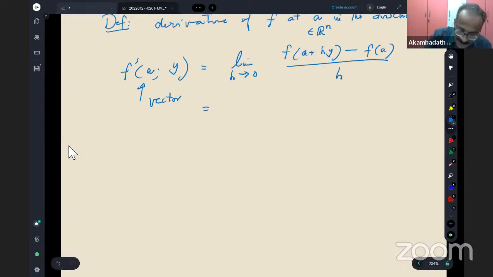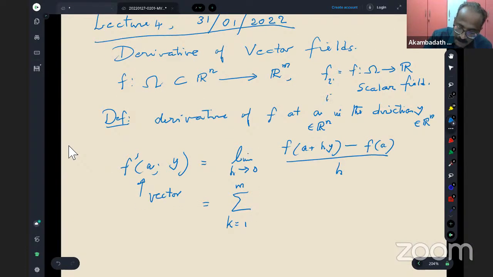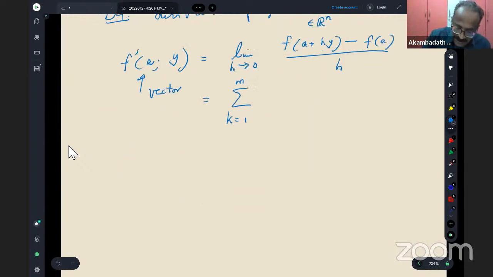This can be written in a slightly more compact notation if you want. This is nothing but the sum over k equal to 1 to m of f_k prime of a, y into e_k tilde.